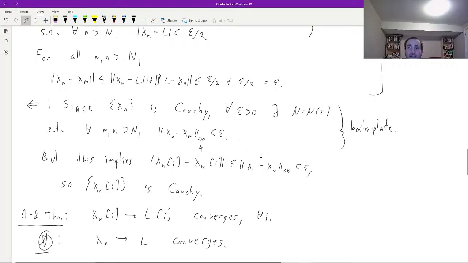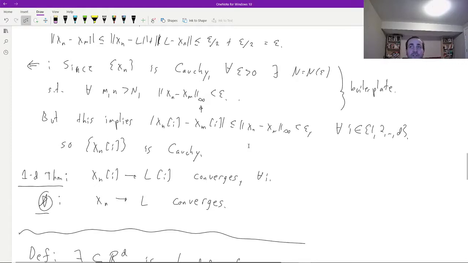What can we do with that? Well, since the sup norm is less than epsilon, then actually x_n(i) minus x_m(i) for any individual i is less than the sup norm, so that's also less than epsilon for every i. In particular, that means that the sequence x_n(i) is Cauchy for every i. All right.